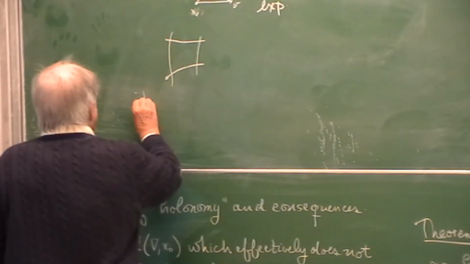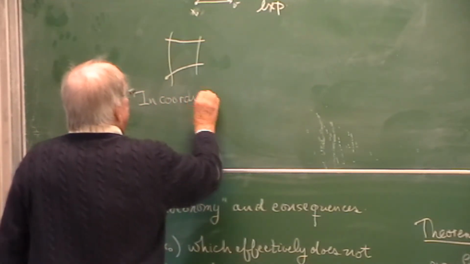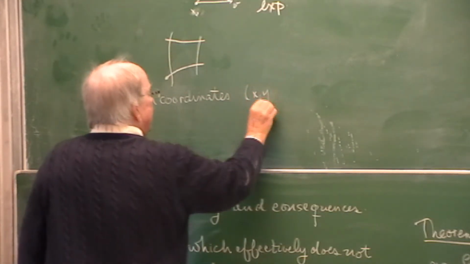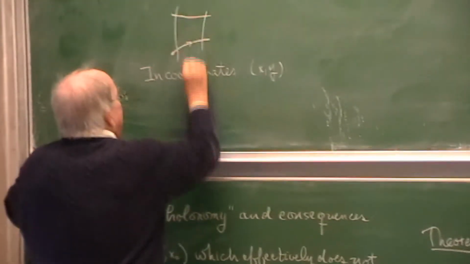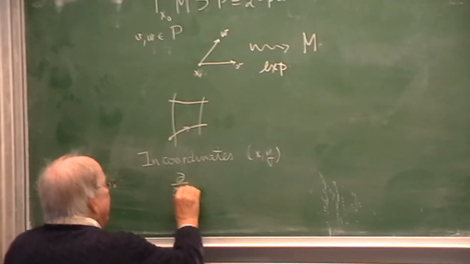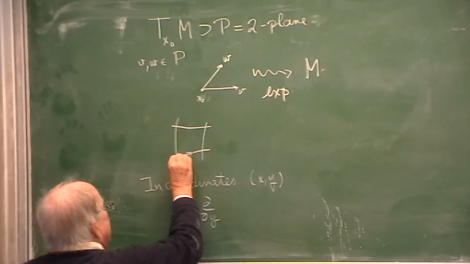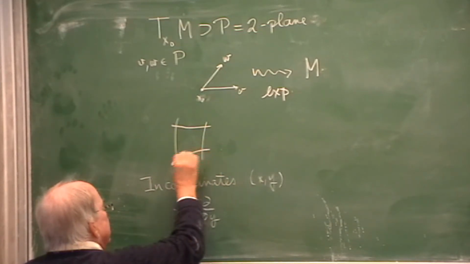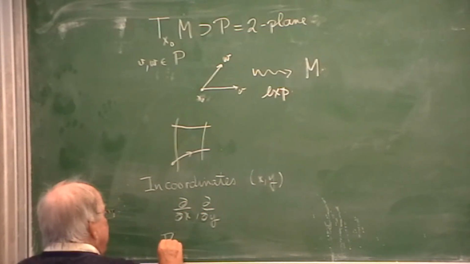So in coordinates, two coordinates x, y, you have ddx and ddy, these vector fields. You go out, you have the exponential map, so you can transform all these things out to the manifold. So we have that vector field ddx on the manifold locally.